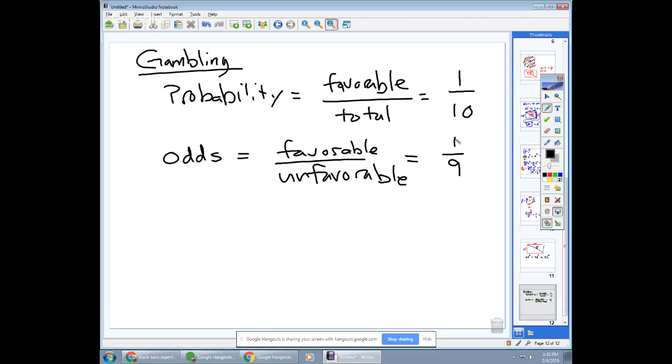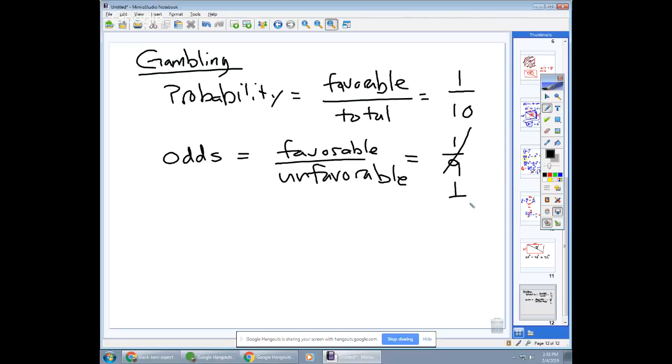Now, what they'll do is they'll alter this a little bit so that the house that's making this bet with you gets to make a little money off the edge. So they'll lower that from 1 to 9 to maybe 1 to 8. Otherwise they're losing money in the business, or they're breaking even, in which case they have no business. That's almost like the lottery where they take out the taxes.